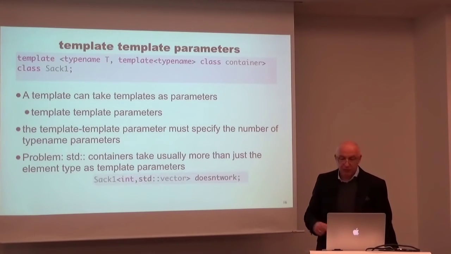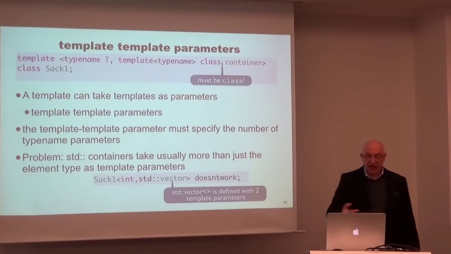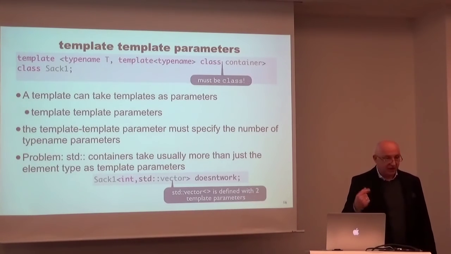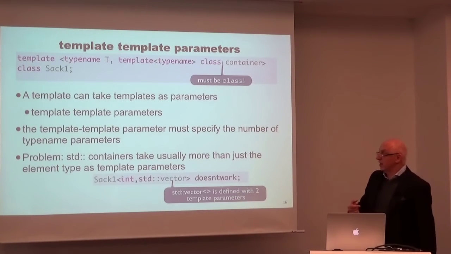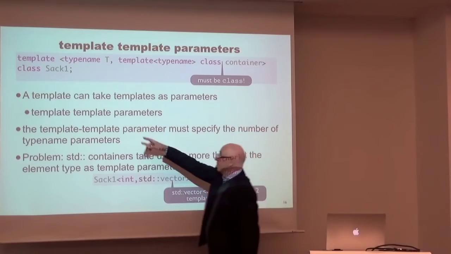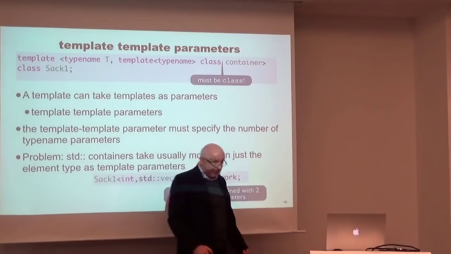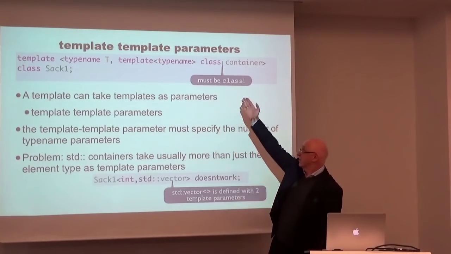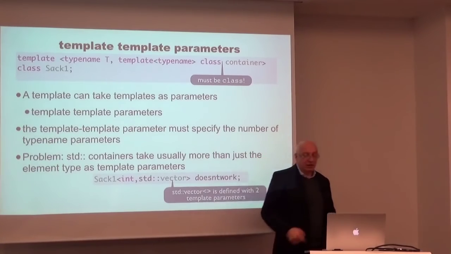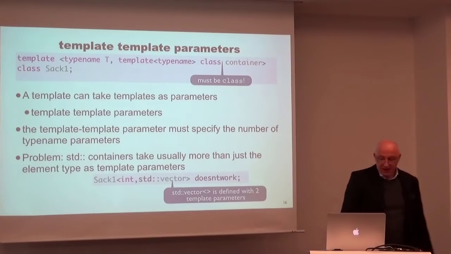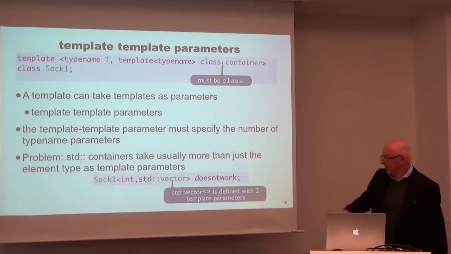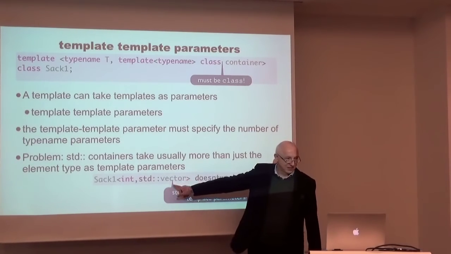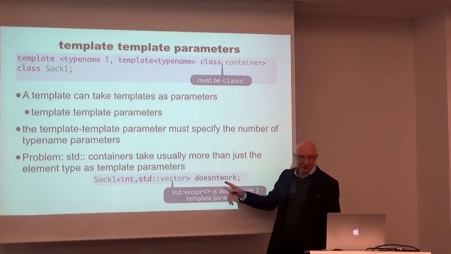The first attempt would be, okay, we pass in the container that we use as a template parameter. And since we have our present type T, we take the container with the single typename argument. The problem is, will that compile with std::vector? It doesn't work, but why?